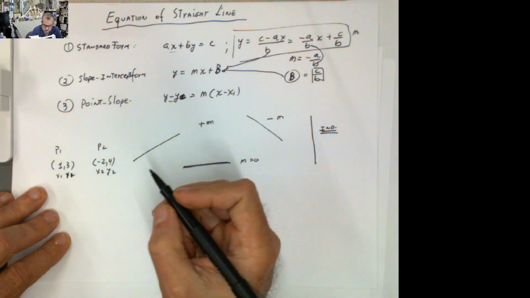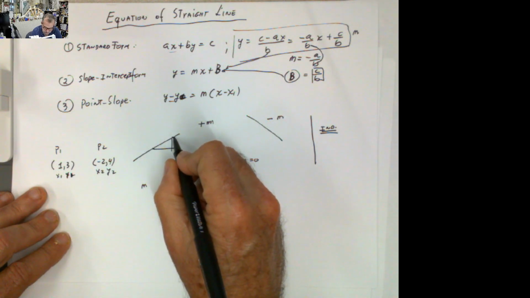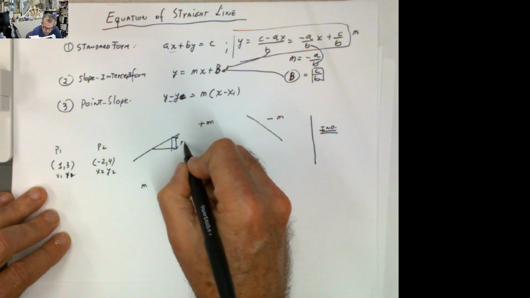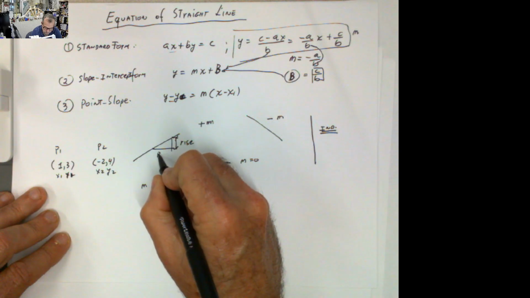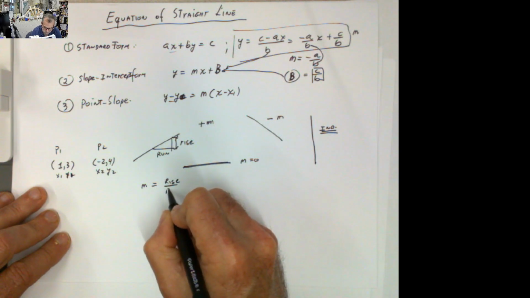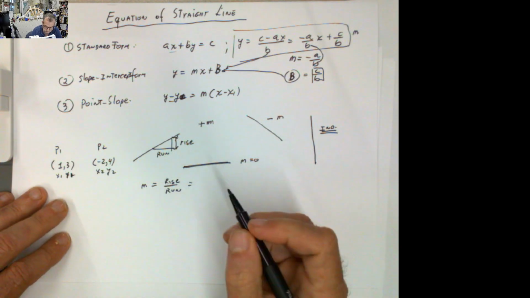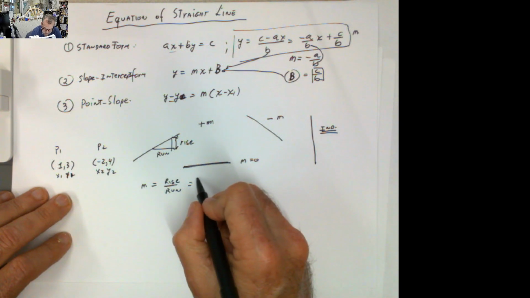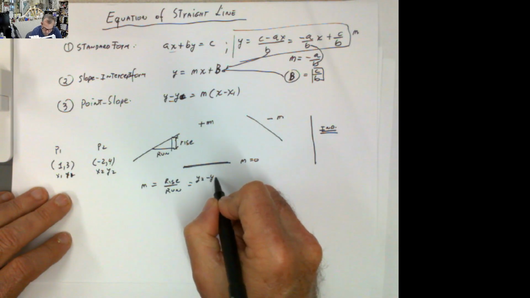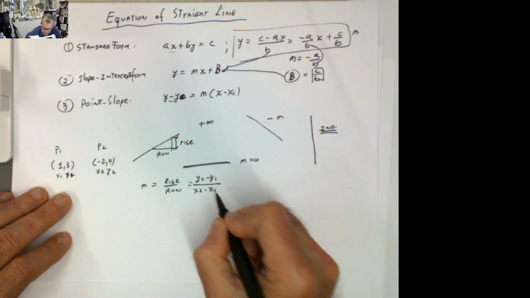The first thing will be calculating the slope. A slope is always this amount, which is called rise, divided by this amount, which is called run. So the slope is rise over run. But in order to find this rise, whatever you do is that you take the second point, y2 minus y1, the y coordinate of the second point divided by x2 minus x1.